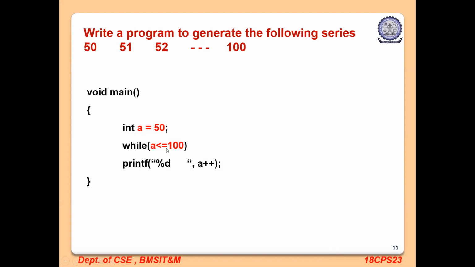Again, it is true. It comes back to the statement and executes. So this goes on and on. How many times? 51 times it happens. And when A crosses 100, that is when A value is 101, the condition fails in the while loop and the control comes out of the while. So this is how we generate numbers from 50 to 100.